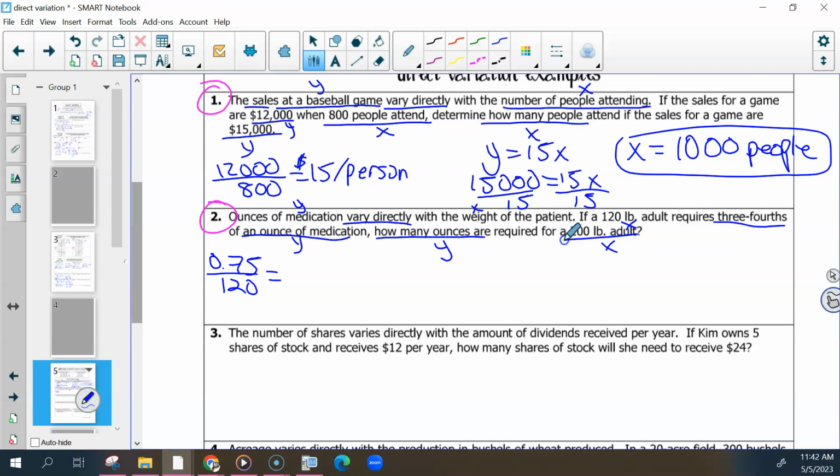What is that decimal? So this would be ounces per pound.